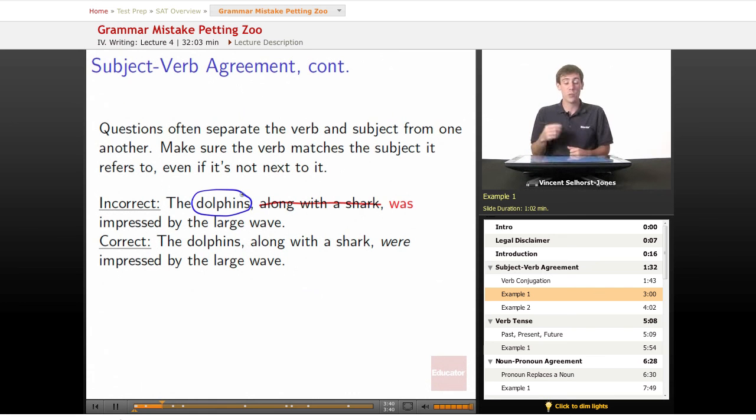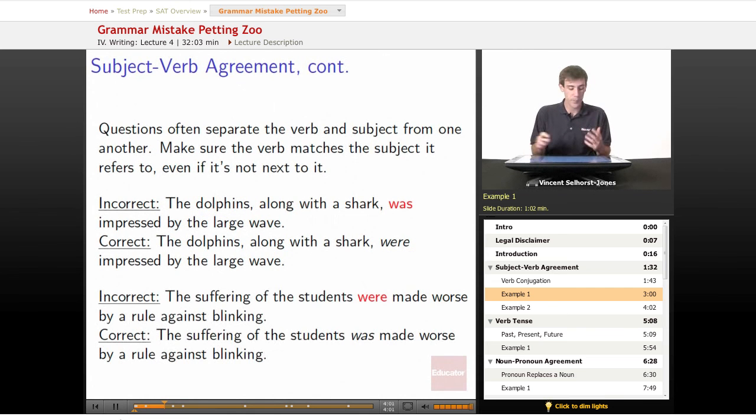So the dolphins was impressed? That doesn't make sense. The dolphins were impressed by the large wave. We have to drop that middle clause that's obscuring it, that's making a fairly simple sentence into a more complex one. If we can take that complexity out of it and look at what the sentence is without it, we'll be able to catch the mistake that much more easily.